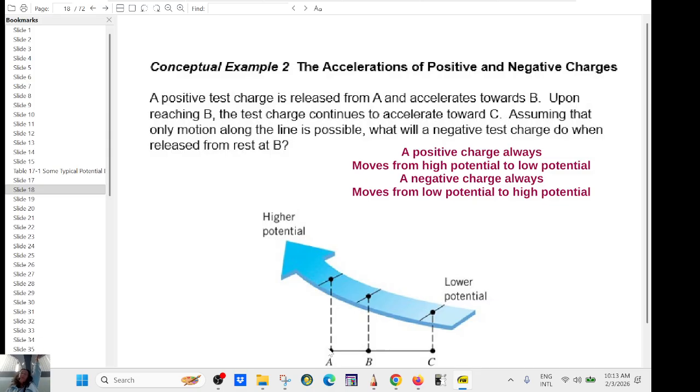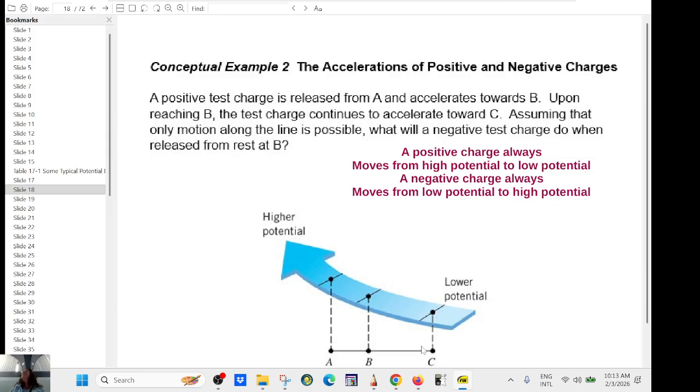So a positive charge wants to go from high potential to low potential, right? Because it wants to go to a lower level of potential. So remember, voltage is like altitude. Positive charge is like a mass. So it wants to go from high potential to low potential. That's how it will lower its potential energy.